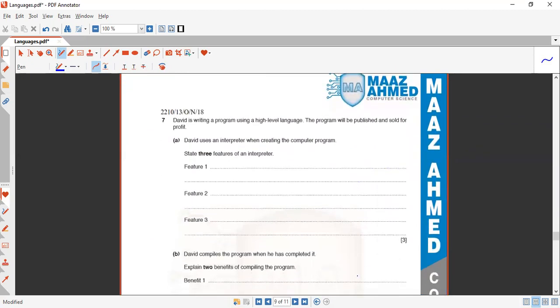Now, David is writing a program using a high-level language. The program will be published and sold for profit. David uses an interpreter when he creates the computer program. State 3 features of an interpreter. Translates the program line by line, instruction by instruction or statement by statement.